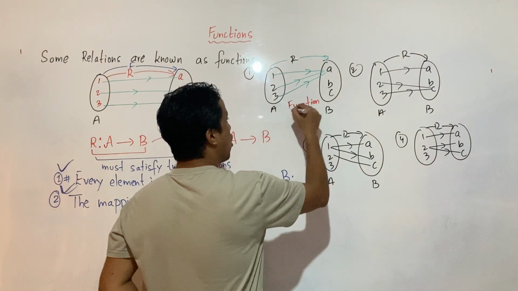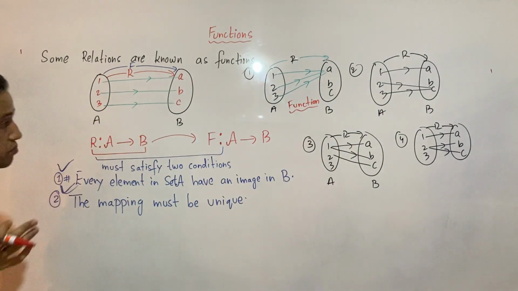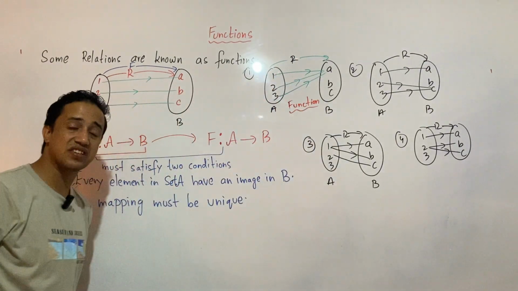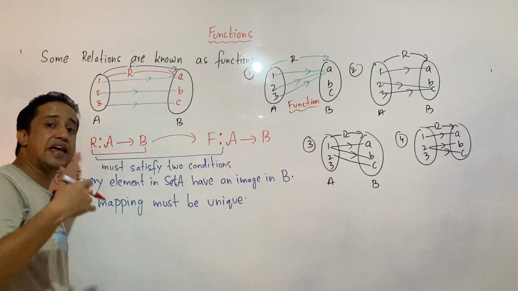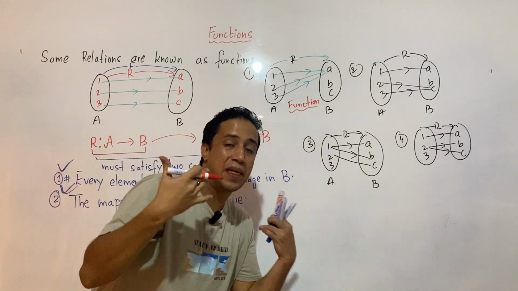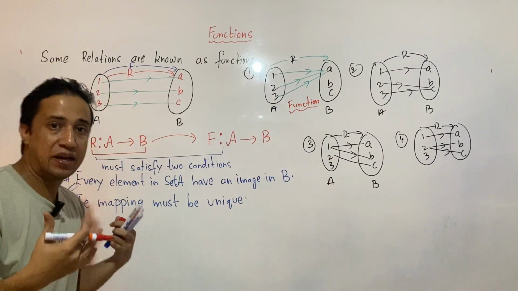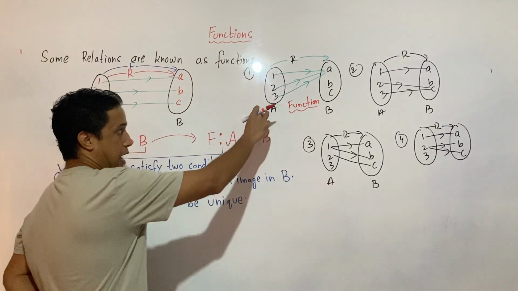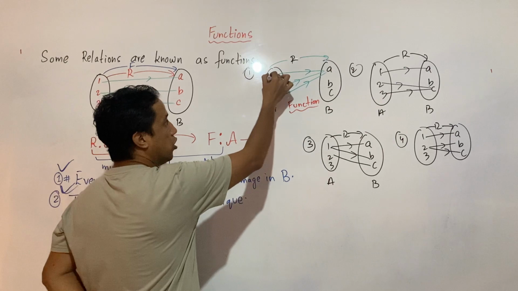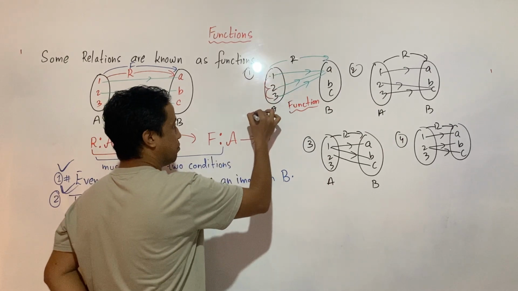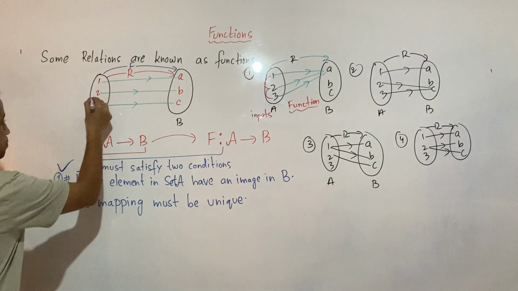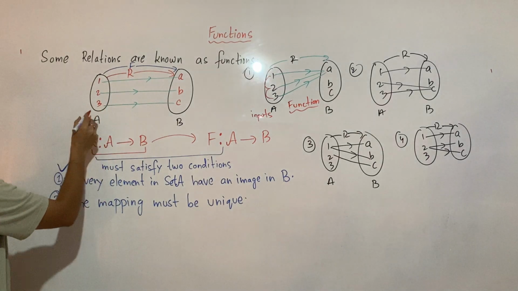Now some of you may get confused, like here they are representing the same image. What I mean by a unique image is that the elements in set A are called inputs.